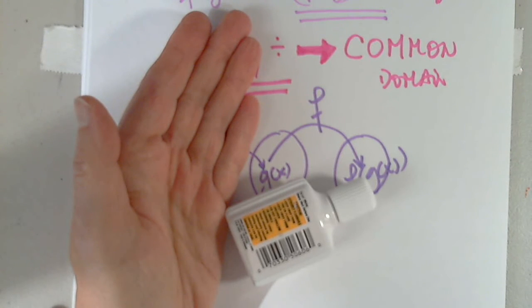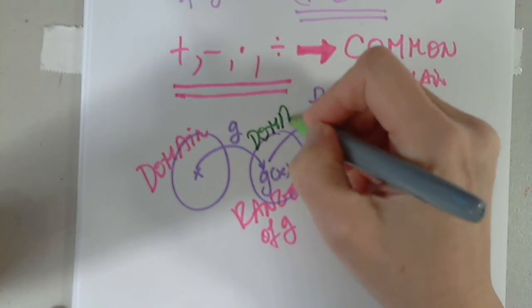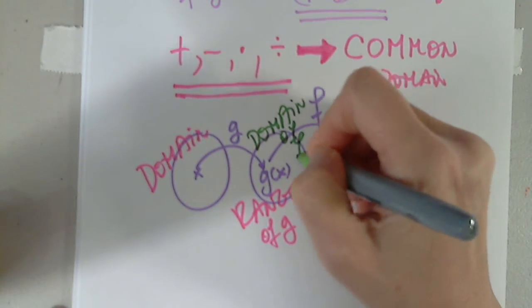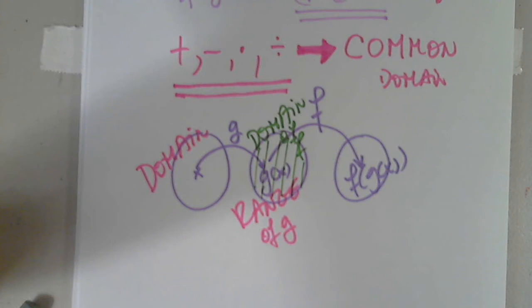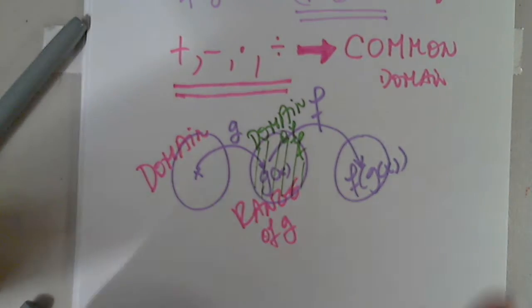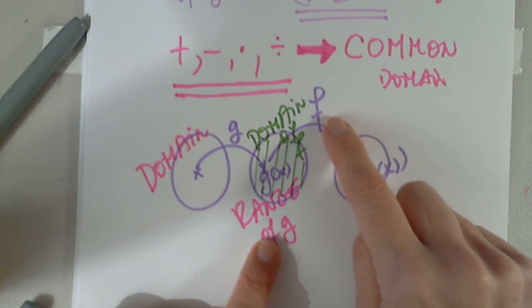We know what it is, right? It is the domain of f. So this set has two designations. One is the range of g, and the second one is the domain of f.